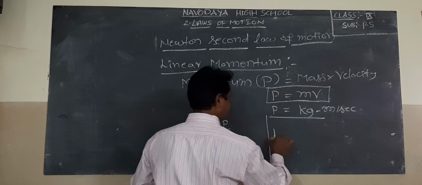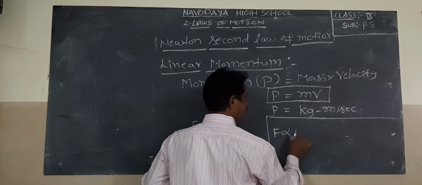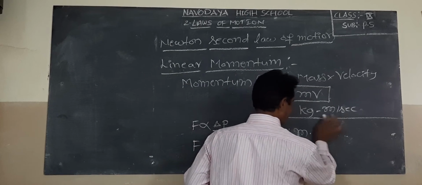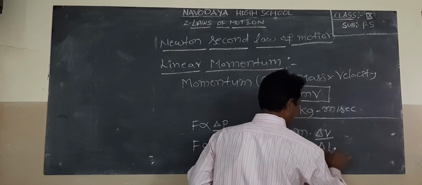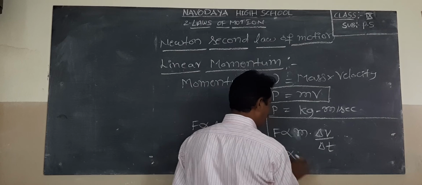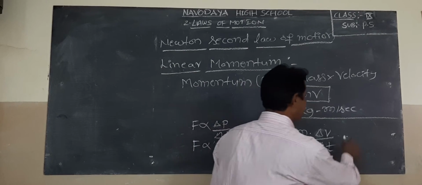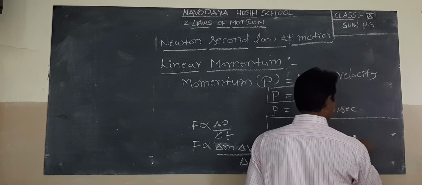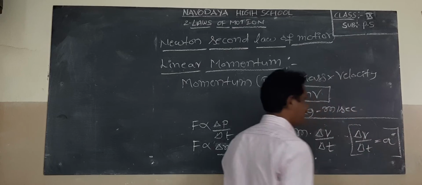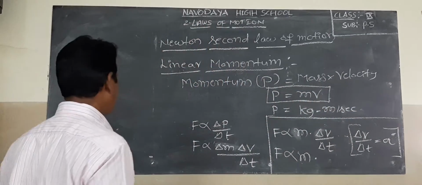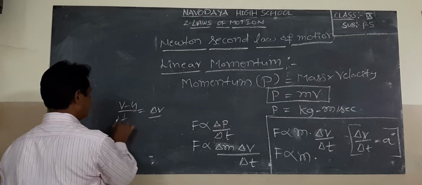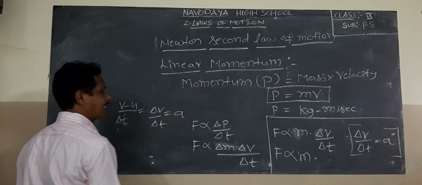Now F is proportional to M into delta V by delta T. We know the rate of change of velocity, V minus U by T, equals delta V by delta T, and that equals A, acceleration.